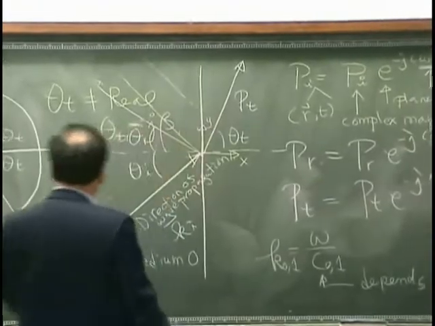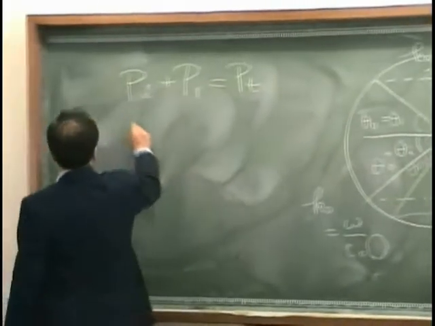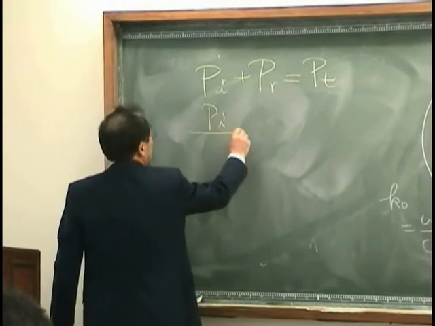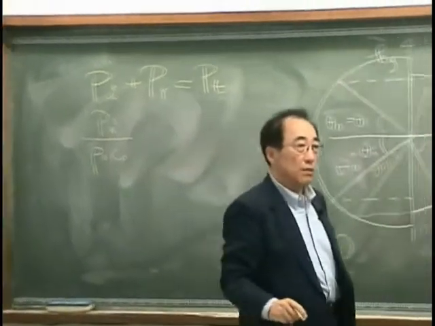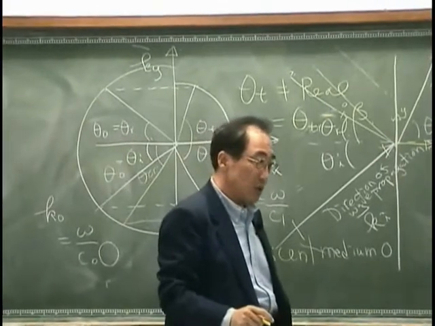What is the velocity due to the incident wave? That is P_I divided by the characteristic impedance of medium 0, that is rho 0 c0.